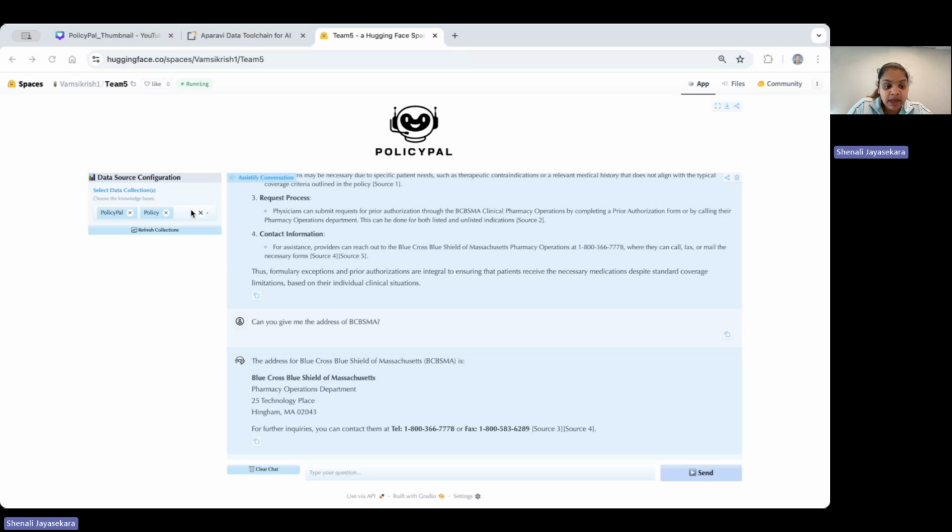This saves time, reduces confusion, and gives answers that matter. Overall, PolicyPal makes your life faster, easier, and more efficient.